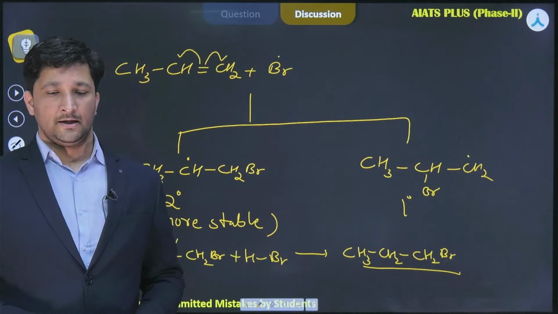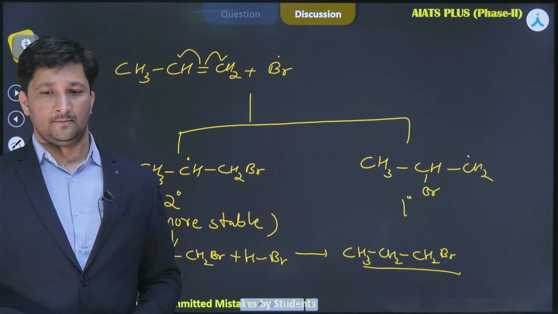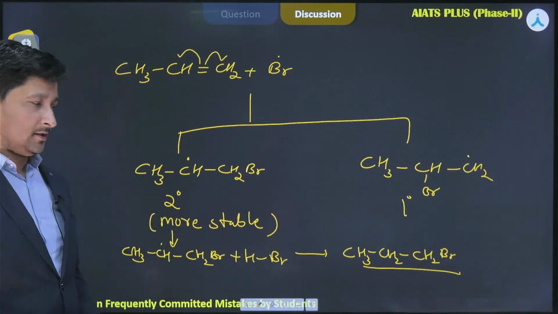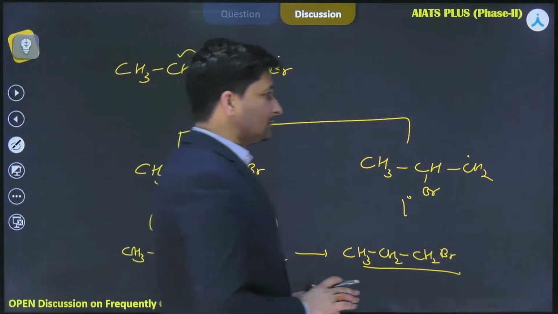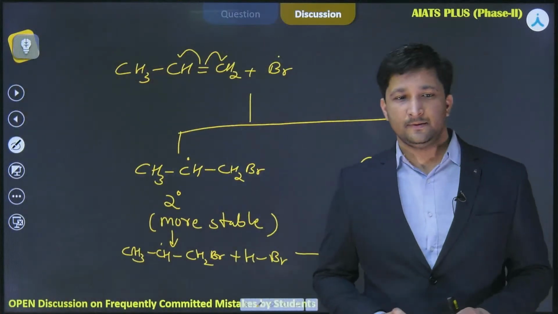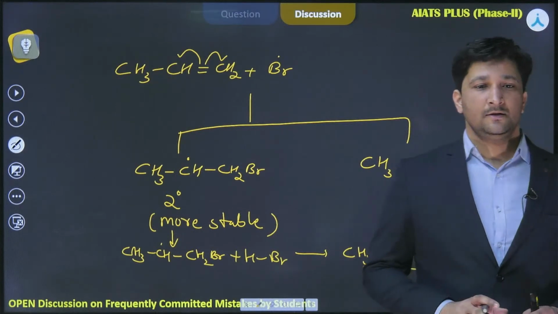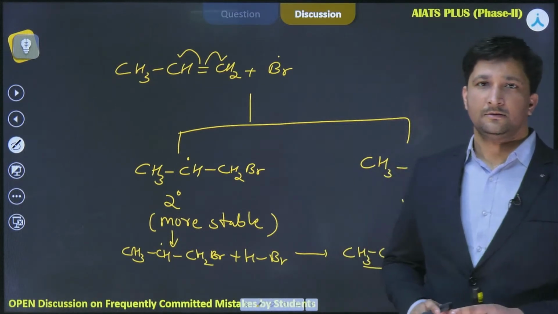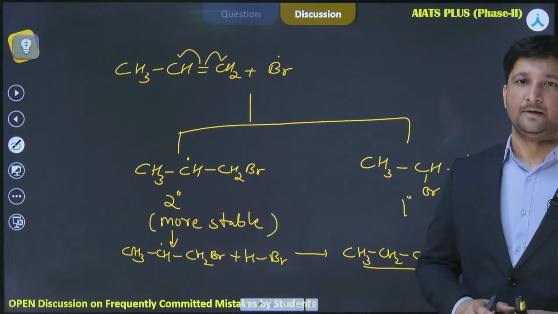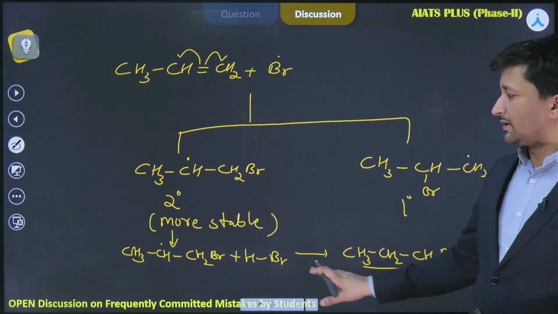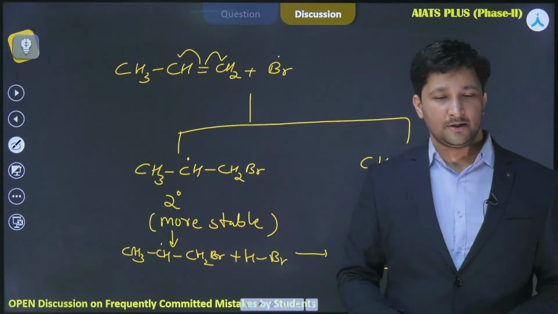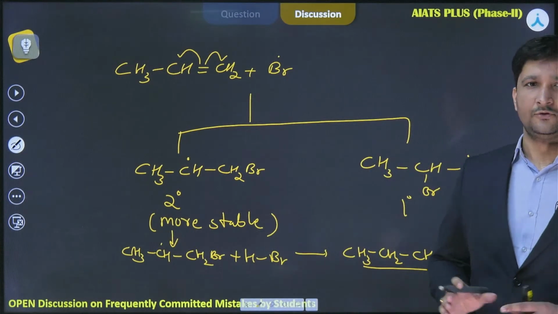So can disproportionation products be obtained here, like in Wurtz reaction? See, generally you can say that there will be many products in a free radical mechanism, but you have to look for the major product which is being produced. Okay, so the major product will follow this mechanism only, and it has been observed through practical.